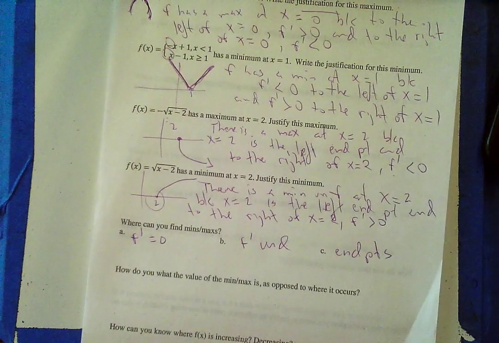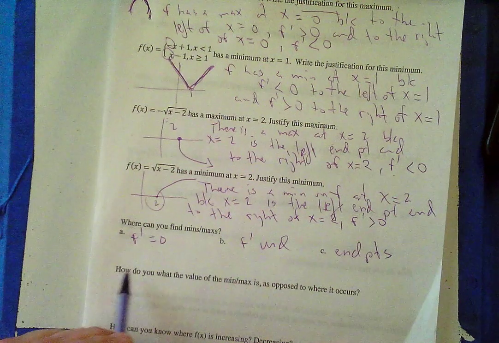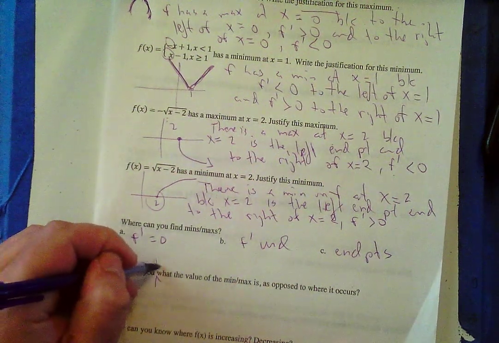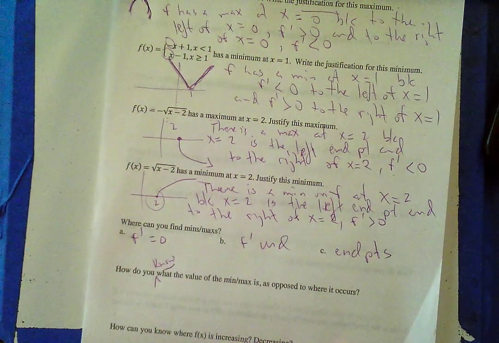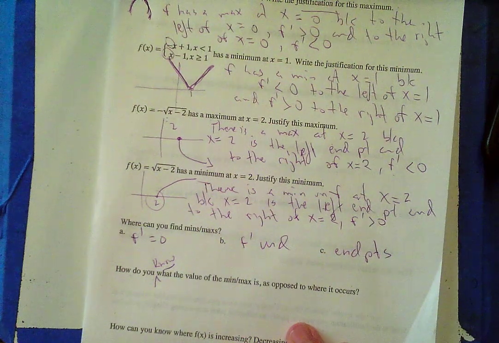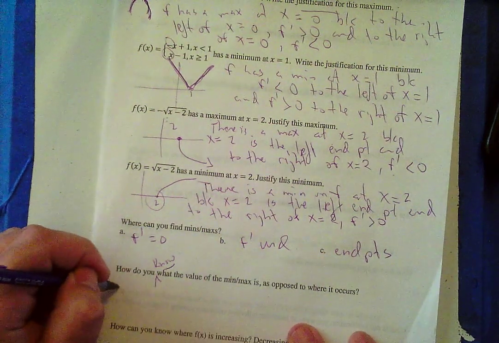How do you know what the value of a min or max is as opposed to where it occurs?